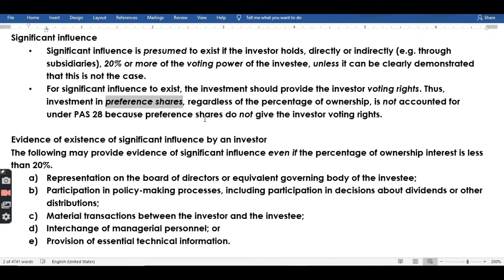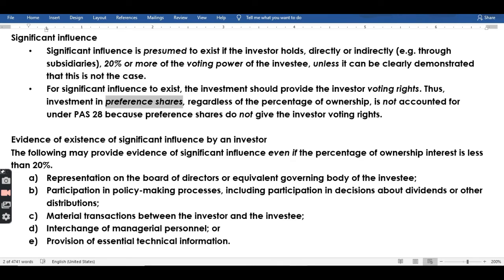Kahit sabihin mong bumili ka ng 20% or more of the shares, okay, of the company, kung wala ka namang intention, okay, na i-exercise yung voting rights mo to gain significant influence over that entity, then hindi mo pa rin i-account yan using IAS 28 or PAS 28.